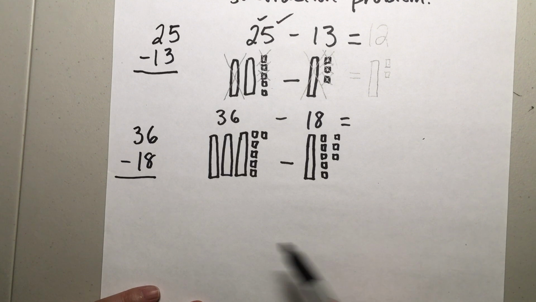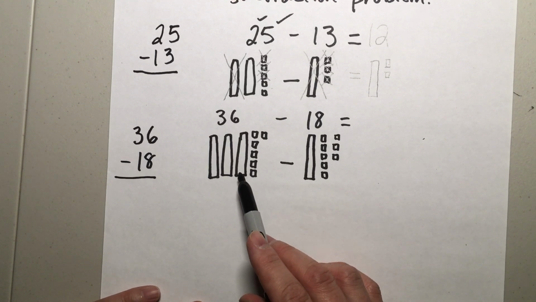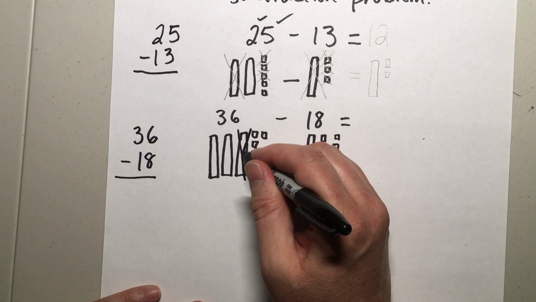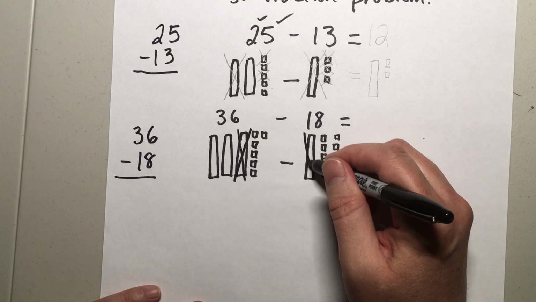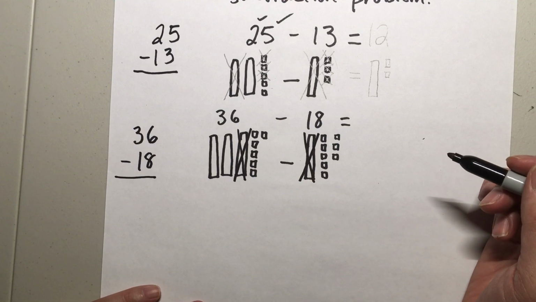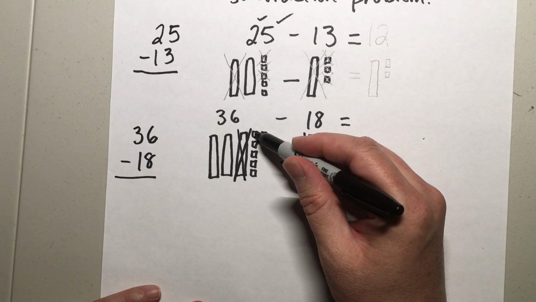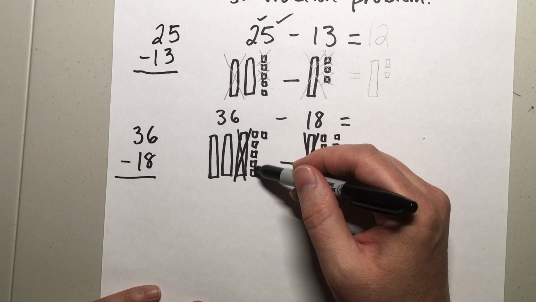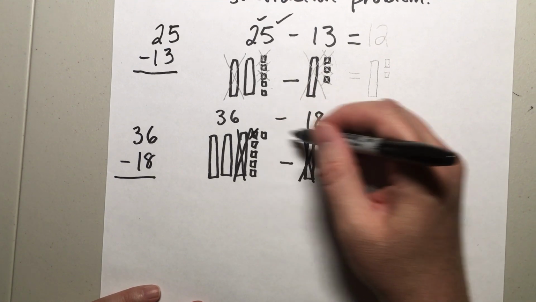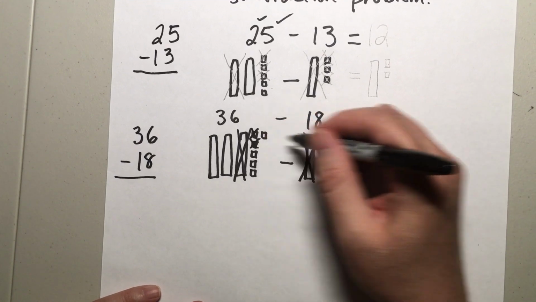The first thing that pops up in my head is that I see a long here that I want to take away, and a long here that I want to take away. Then I see that I have 5 ones here and 5 ones here that I want to take away.